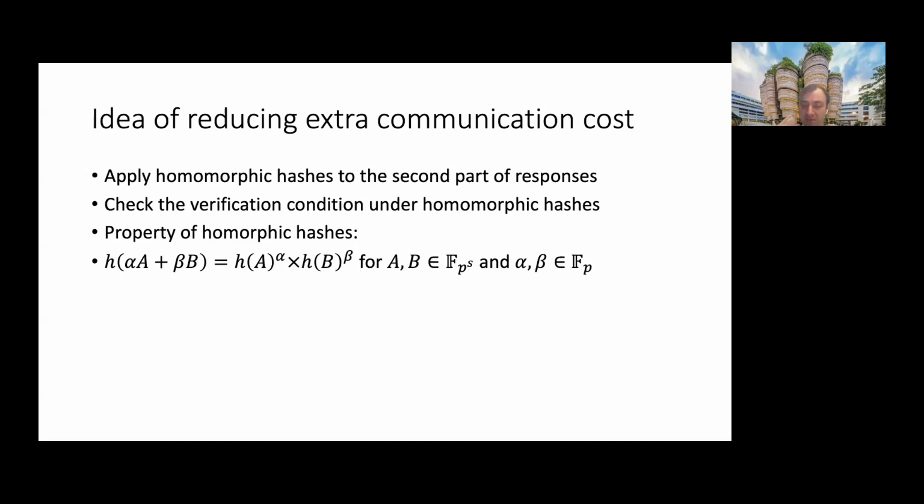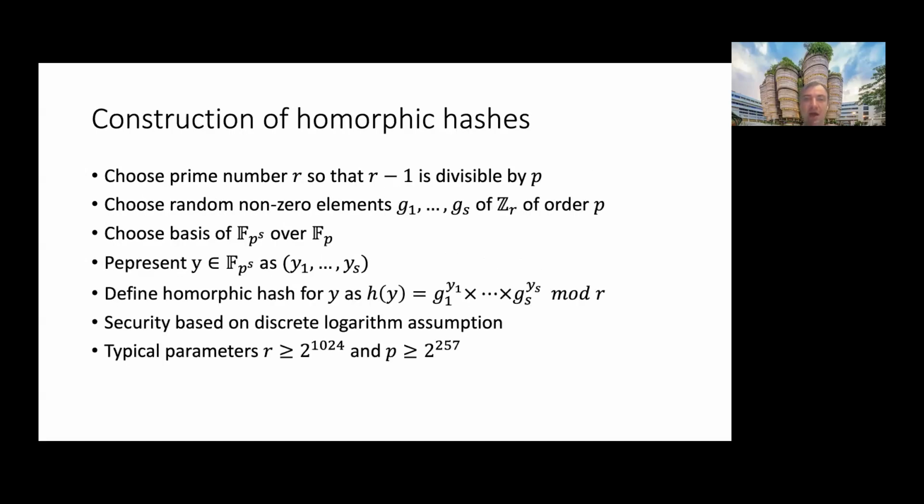the base field F_P. And how can we construct it? Here, just as an example, I use a construction of homomorphic hashes introduced for the network coding problem.